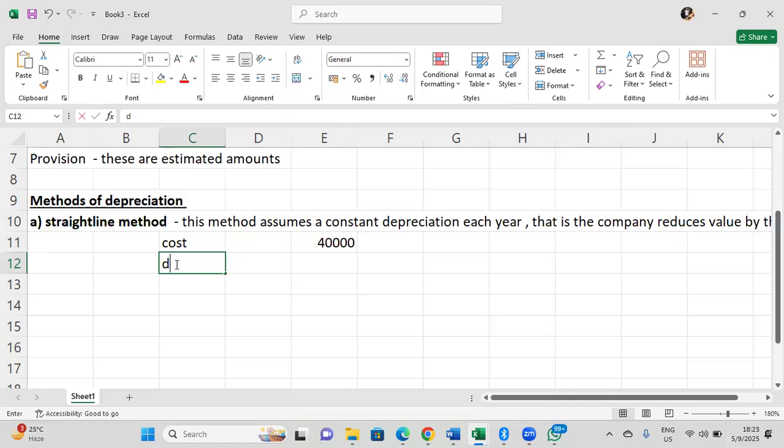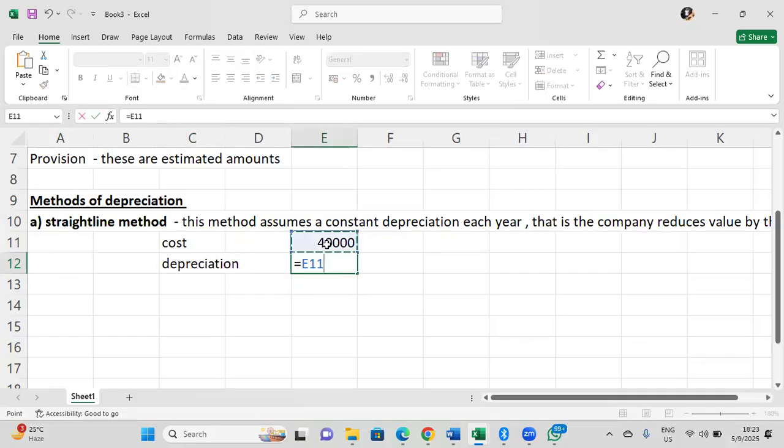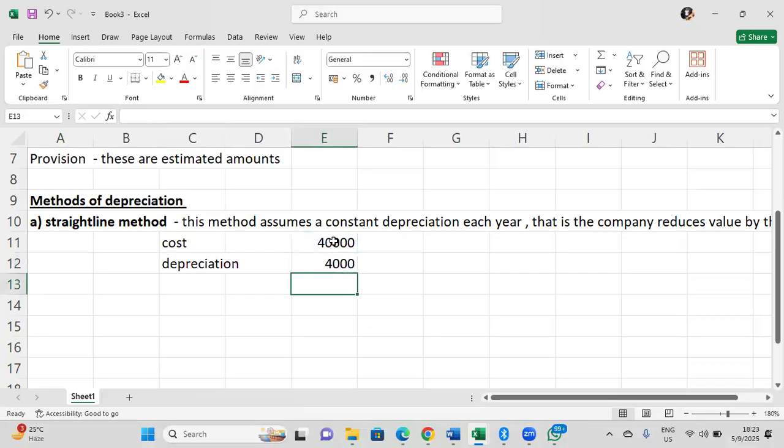So the depreciation each year, if you buy it for 40,000 and you're expecting to use it for 10 years, will be 4,000 each year. So that is the straight line method. It assumes the asset loses value by the same amount each year.